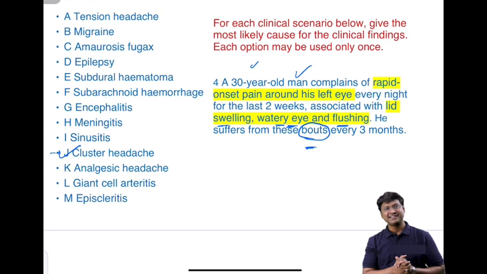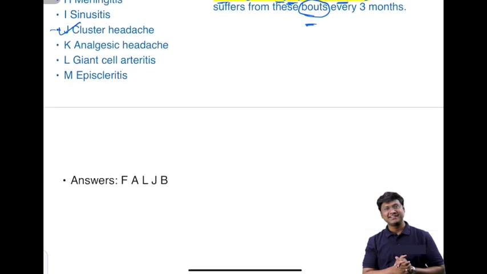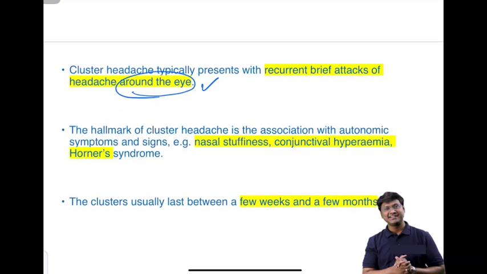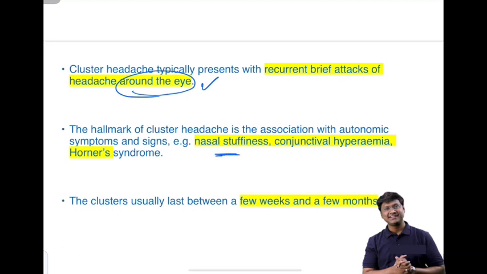And what is the chance of recurrence? They present with recurrent brief attacks of headache, particularly around the eye. Along with the headache, it is also associated with autonomic symptoms, like nasal stuffiness, conjunctival hyperemia and Horner syndrome.